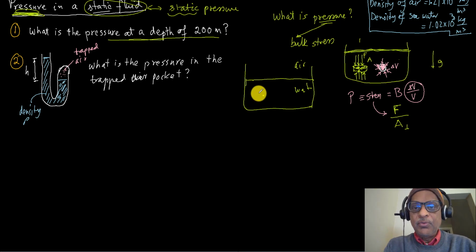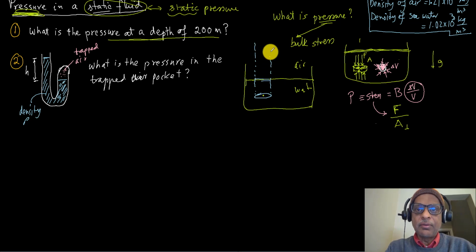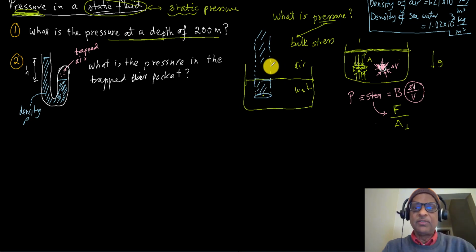If you look at an area, the weight of this much water and all the air, all of this weight, so you have a weight of air plus you have a height h and area A, weight of water.